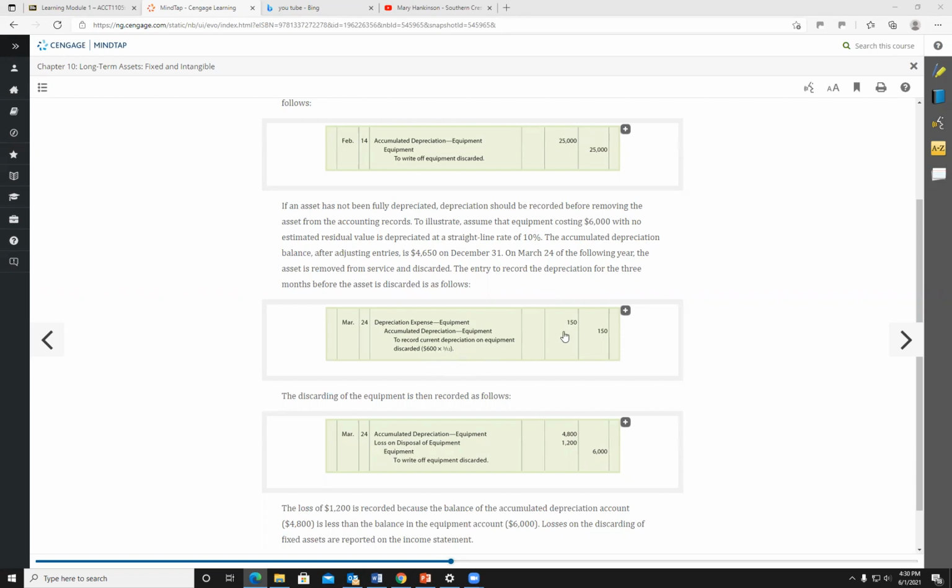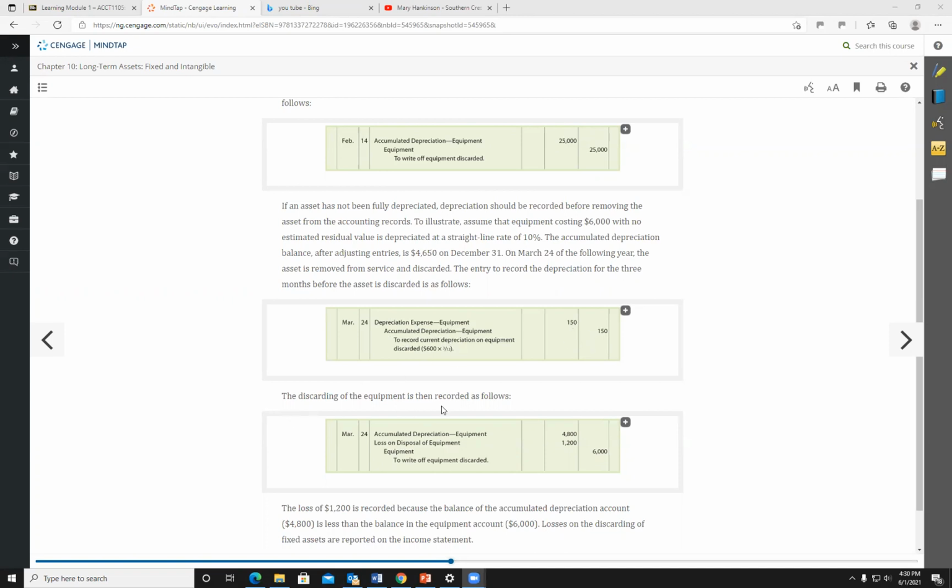So this is the entry to record the depreciation for the 3 months before the asset is discarded. So you would record your depreciation expense, and then you would go ahead and record your contra asset, accumulated depreciation. So you would debit depreciation expense and credit accumulated depreciation at the $150 rate.